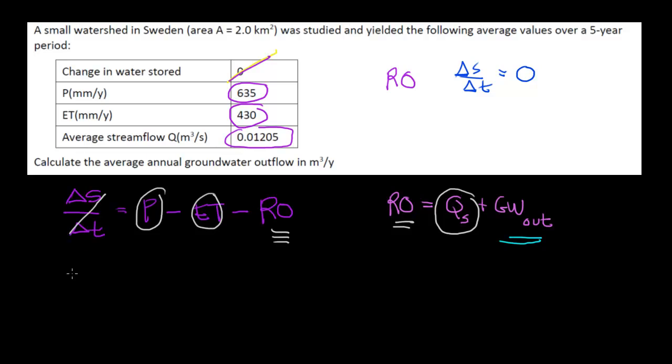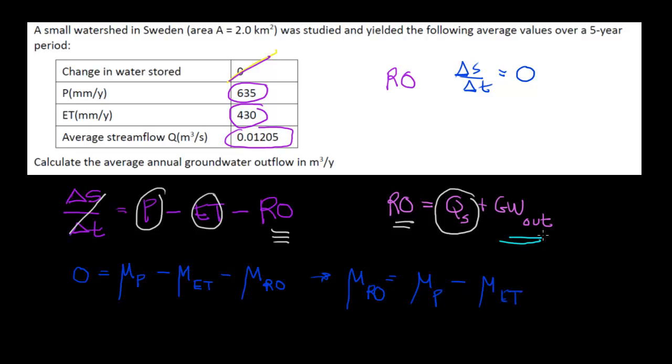So let's write this storage equation as 0 equals the volume per time from precipitation, mu sub p, minus the volume per time lost by evapotranspiration, minus the volume per time lost as runoff. And we're solving for runoff, right? The volume per time of runoff is going to be equal to the difference between the volume per time of precipitation and the volume per time of evapotranspiration.